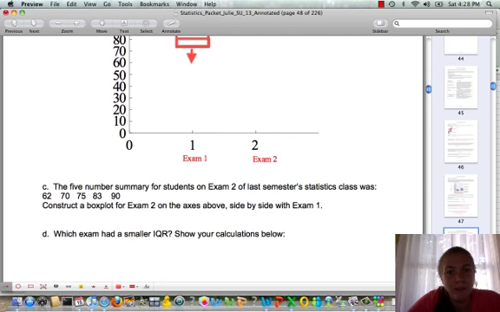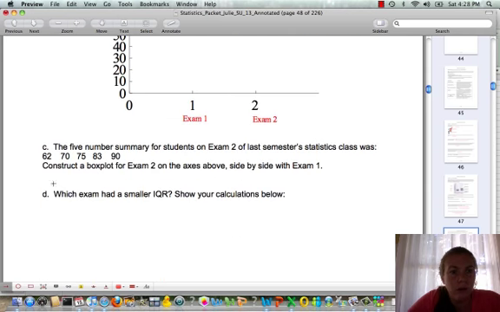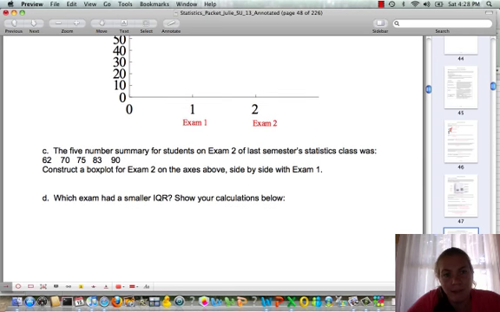Down below, they're giving us information about exam 2. So here's our 5-number summary for exam 2, and we want to go ahead and construct a box plot for that. So our interquartile range for exam 2 goes all the way from 70 to 83, and the median is at 75.